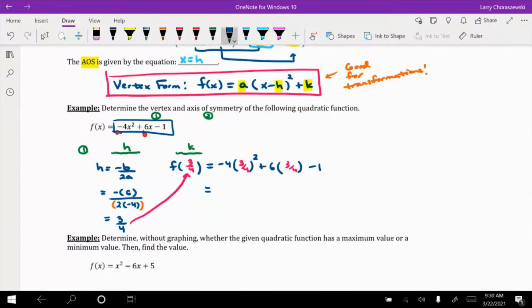All right, so do we have confirmation on 5/4? Anybody else getting 5/4? Yep. So it should be 5/4. Okay, that's what f of 3/4 simplifies to.